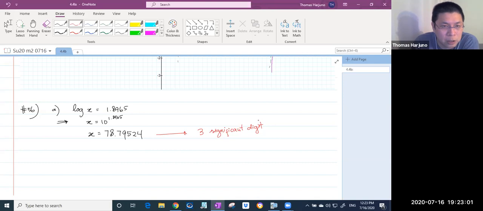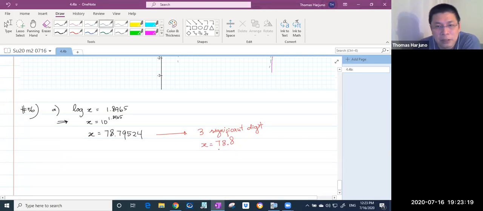That's the answer you need to give me. But if you want the 3 significant digits for that number, it will be x equals 78.8. What they mean by 3 significant digits is 3 non-zero digits. And if you have a 0 in between 2 non-zeros, you still count it as a significant digit.